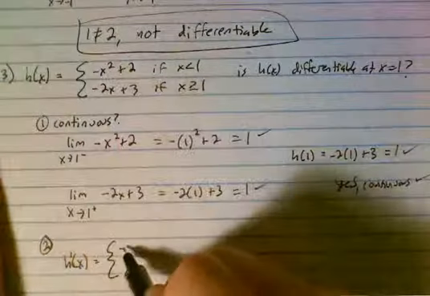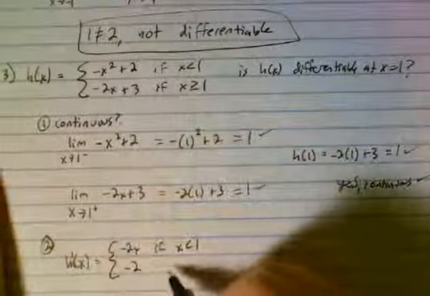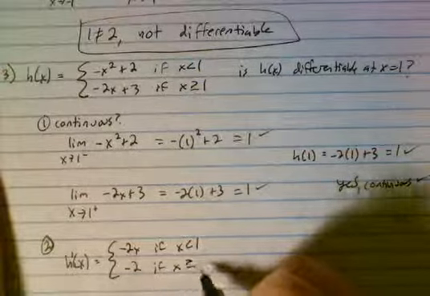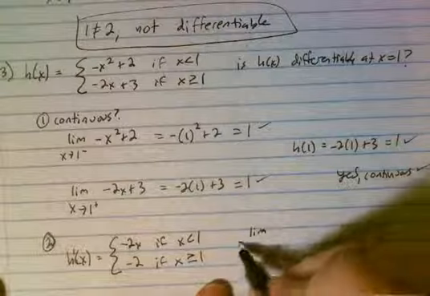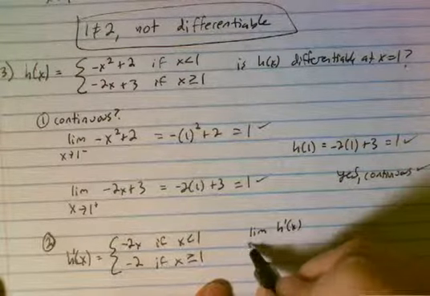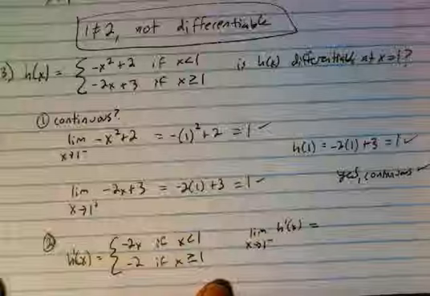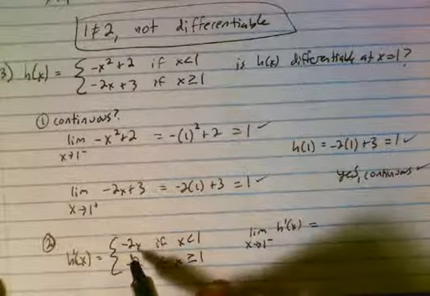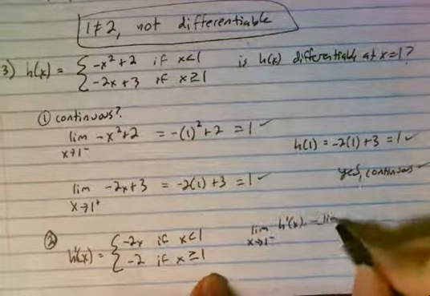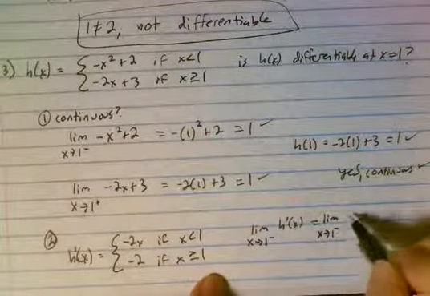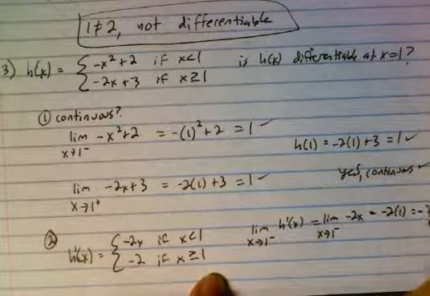So far, so good. Now we have to check with the derivative. So the derivative here is -2x if x is less than 1, -2 if x is greater than or equal to 1. And so let's check the limit of h prime of x as x approaches 1 from the left. So we can see that we're going to use the left one. Substitute in, -2 times 1 equals -2.